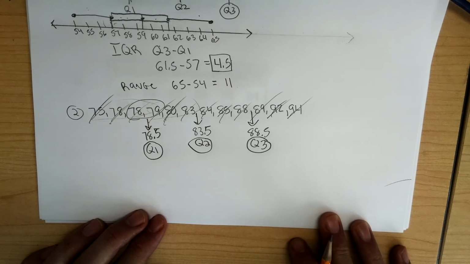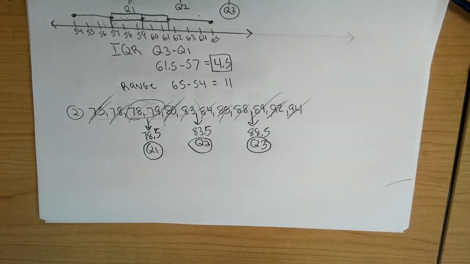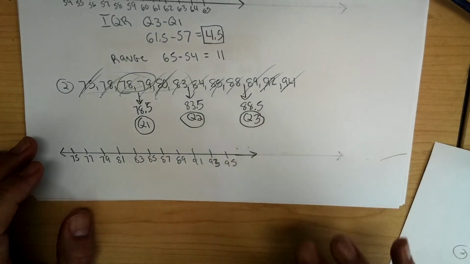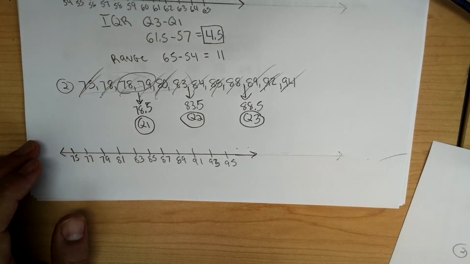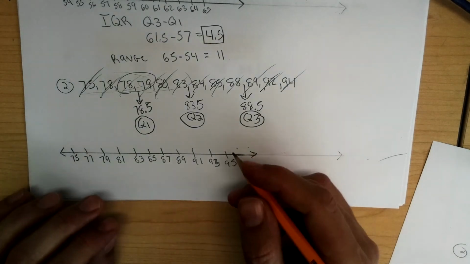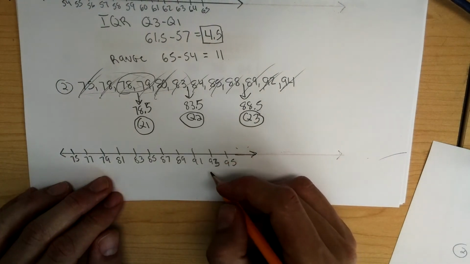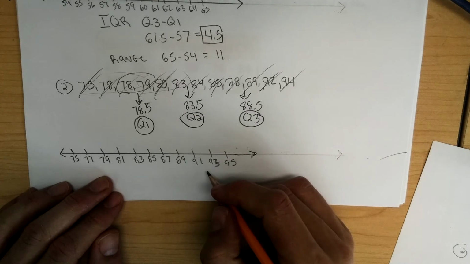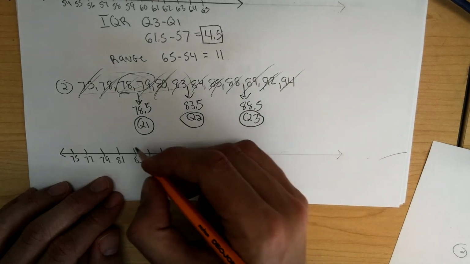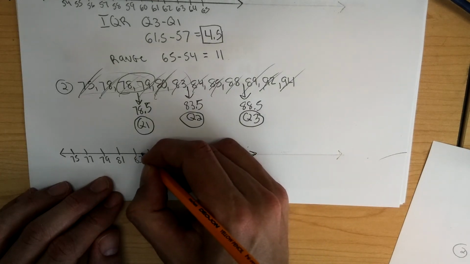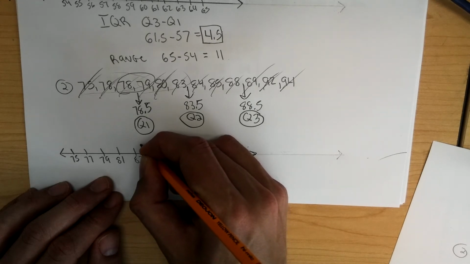Take a minute and draw a number line. I'll come back in just a minute. My number line is drawn here. I can go ahead and make my box plot. I like to always start with my Q2. My Q2 is in between 83 and 85, so it's not quite 84, so I'm going to put it here.